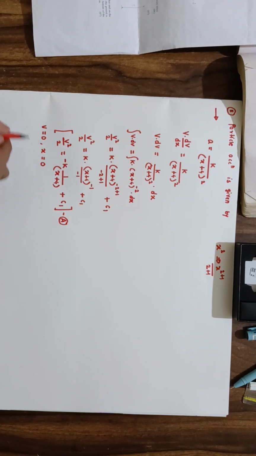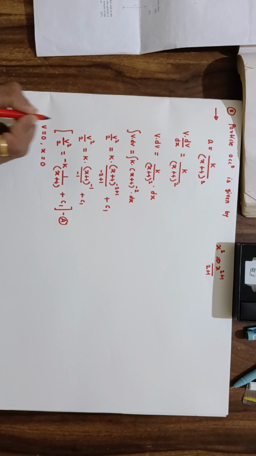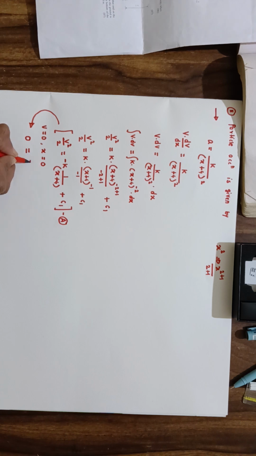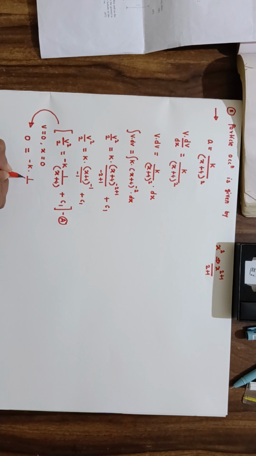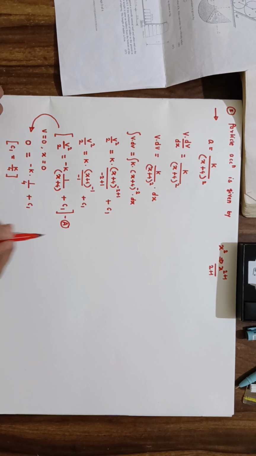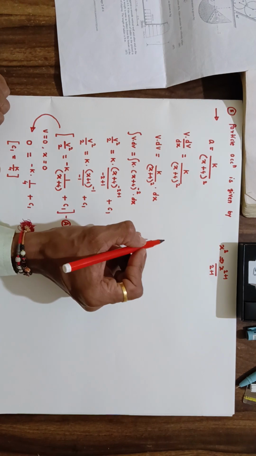Put this condition in equation A. So v is 0, x is 0, so 0 equals minus k into 1 upon 4 plus c1. From this we can write c1 is equal to k by 4.